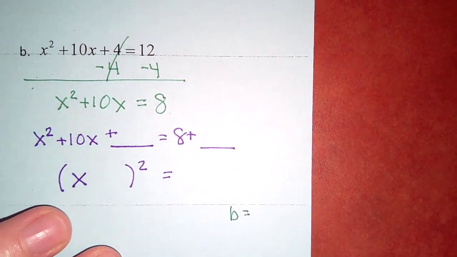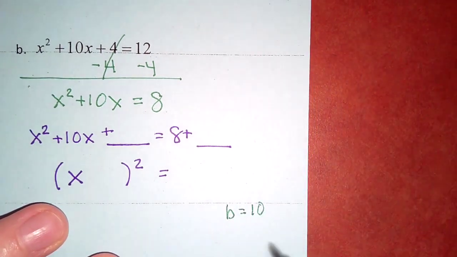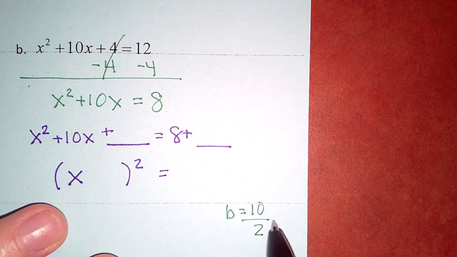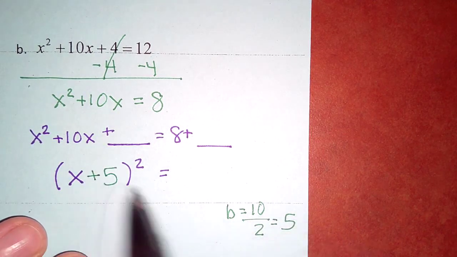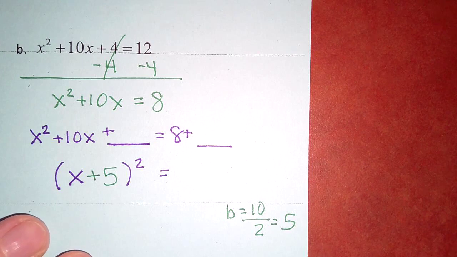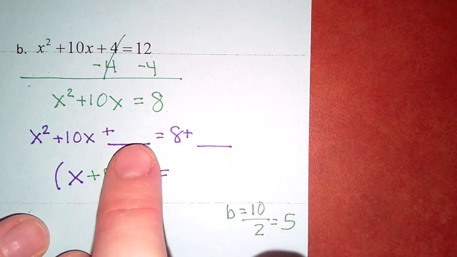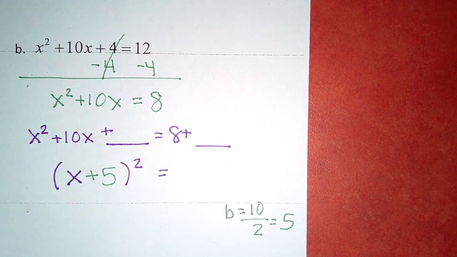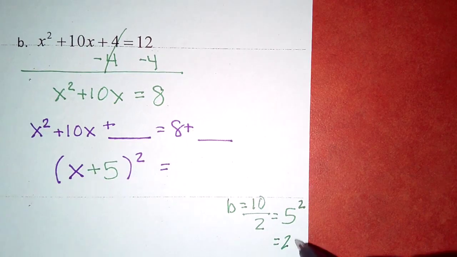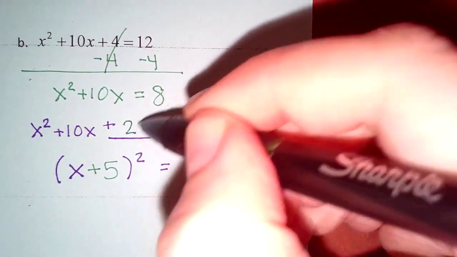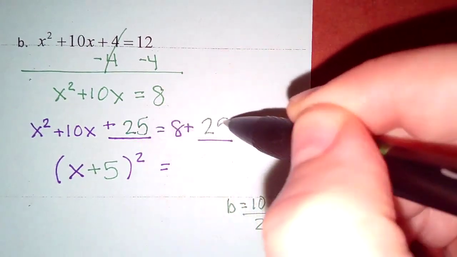B is what? 10. I'm going to divide that by 2. What's 5? So this becomes x plus 5. That means 5 goes on the blank. 5 does not go on the blank. I have to square it. So I have to square that number now, and I get 25. 25 is what goes on that blank on both sides.